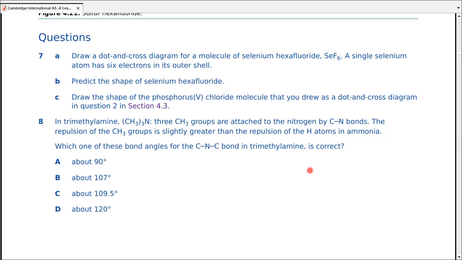Okay, my question to you is, can you predict the shape, which is actually part B of this? You can turn your pages over of the book, and you can tell me from the book. You don't have to do that orally.